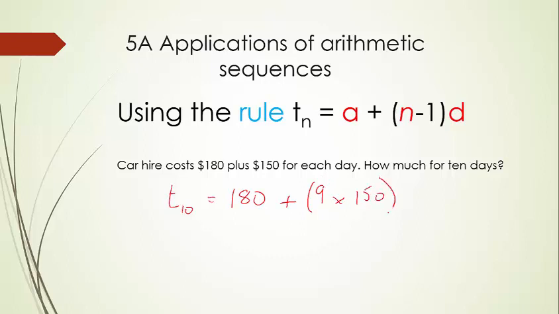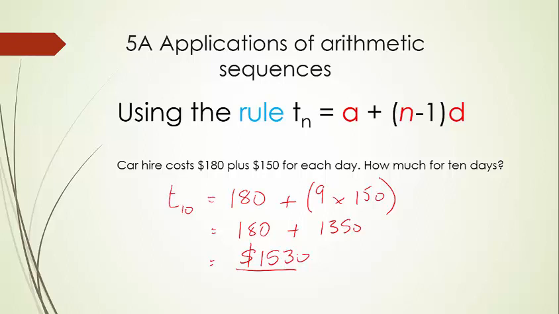I like to put it in brackets even though the calculator will do the multiply first. That will work out as 180 plus 1350, which totals out to, don't forget the dollar symbol, $1530. And all money answers, if there are any decimals, should be 2 decimal places.